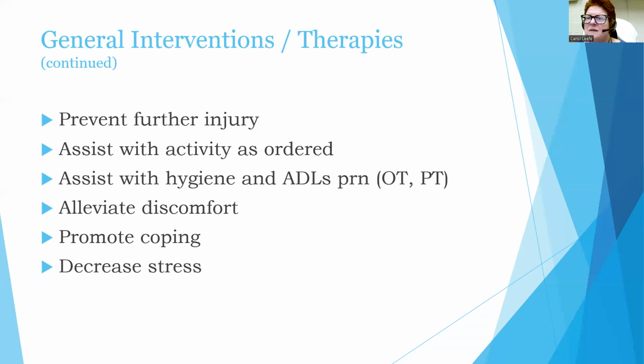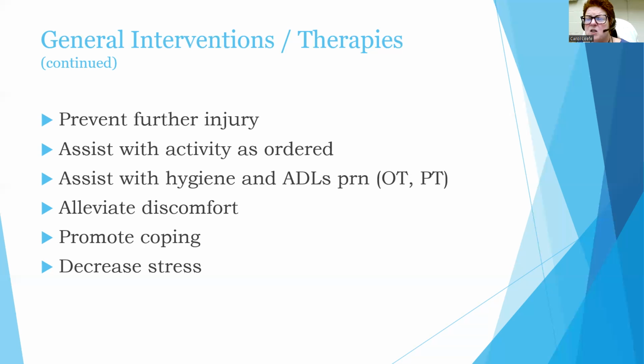Also assisting with hygiene and activities of daily living as needed. The doctor may consult OT and PT. OT, being occupational therapy, works the upper body, being able to dress and wash their face and brush their teeth and brush their hair and do things with their upper body with coordination and manual dexterity.